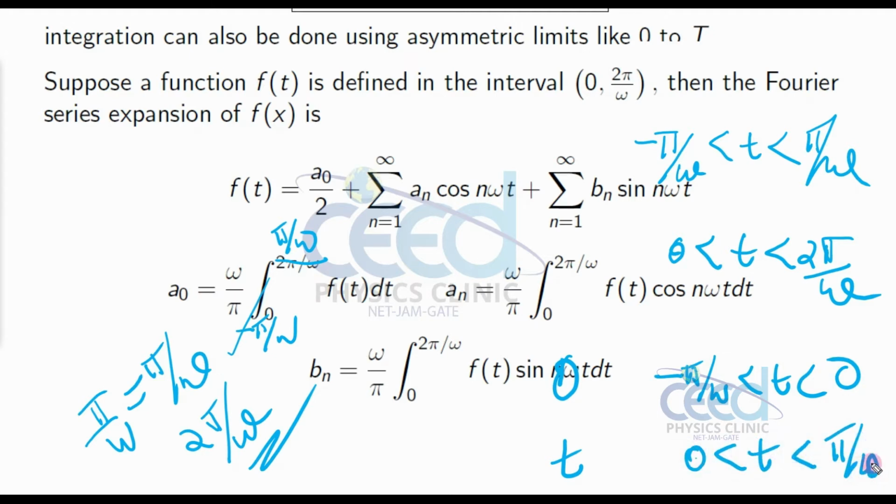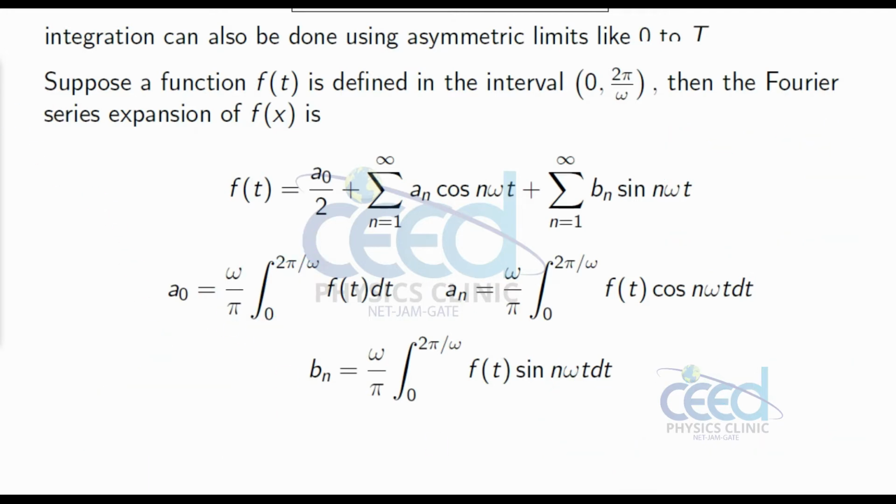So you can split this integral into two parts, minus pi by omega to 0 plus 0 to pi by omega, and give the function's value in the appropriate intervals. This is all about the various kinds of representation.